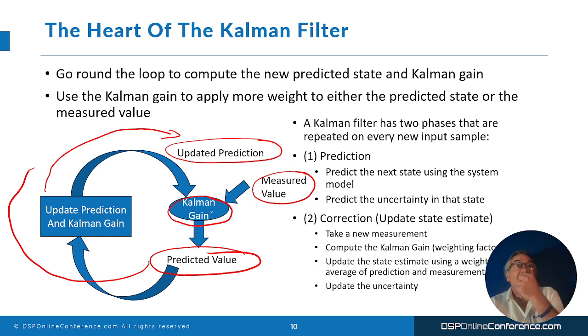And so the Kalman gain is continually updated, depending on our new prediction and our new measured values. And in fact, there are two states to this loop that we'll see in a few minutes. The Kalman filter has two phases. The first phase is prediction, where we predict the next state using the system model. And in parallel with that, we predict the uncertainty in that state, the variance.